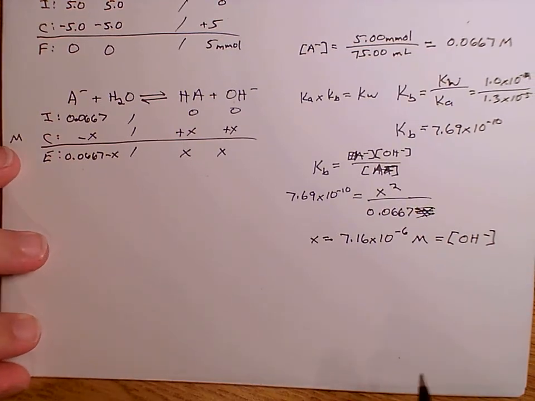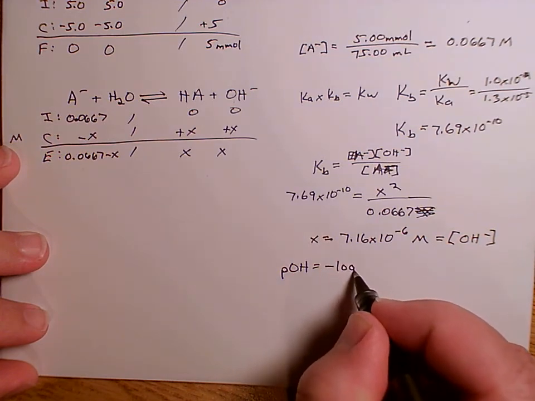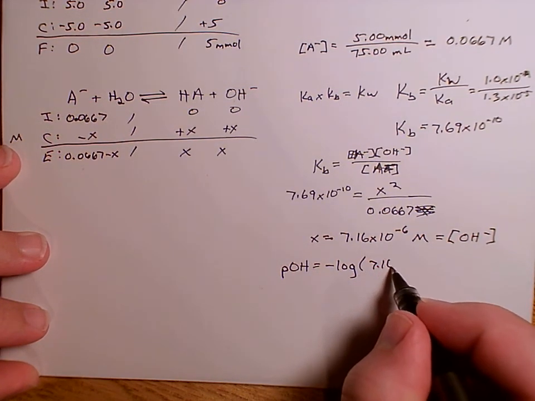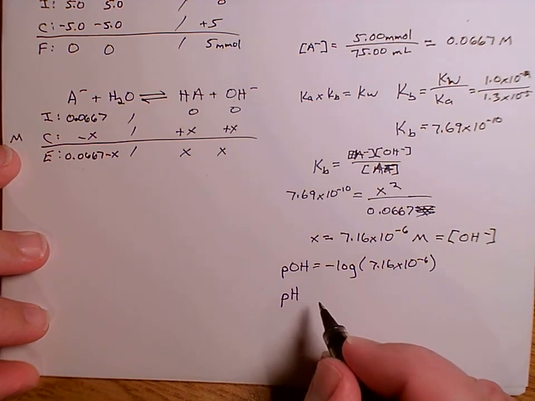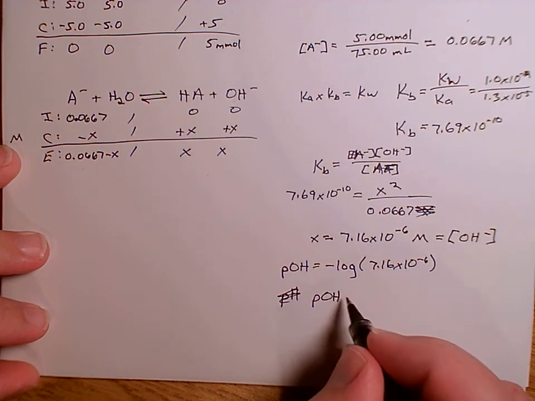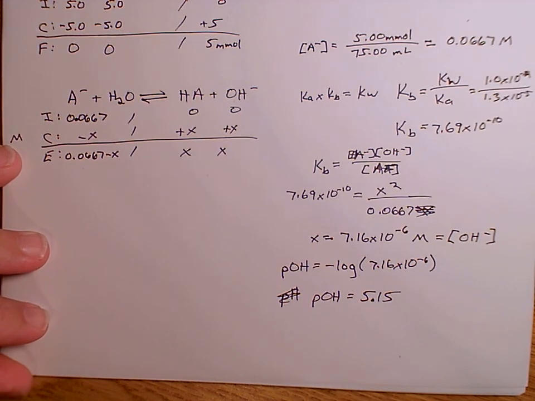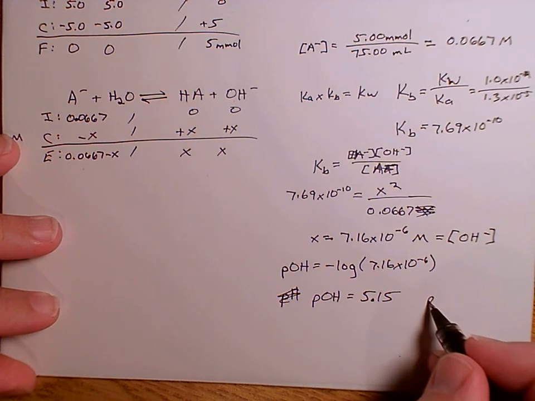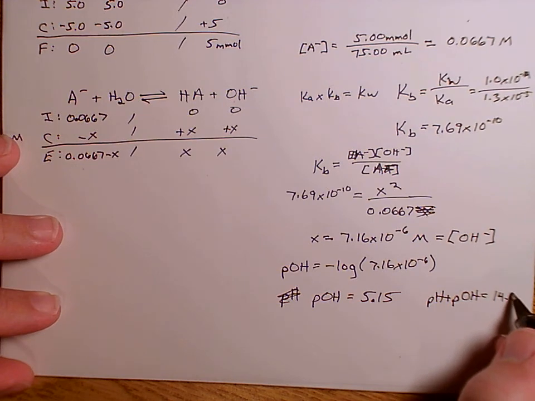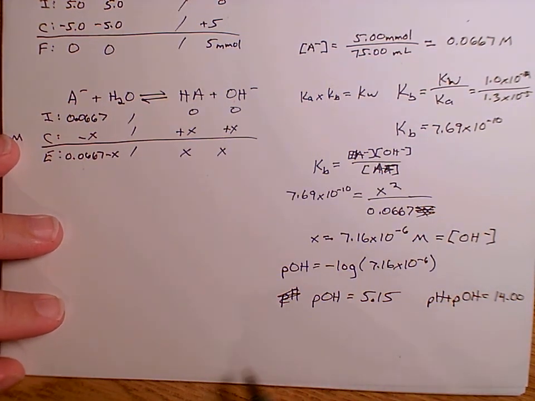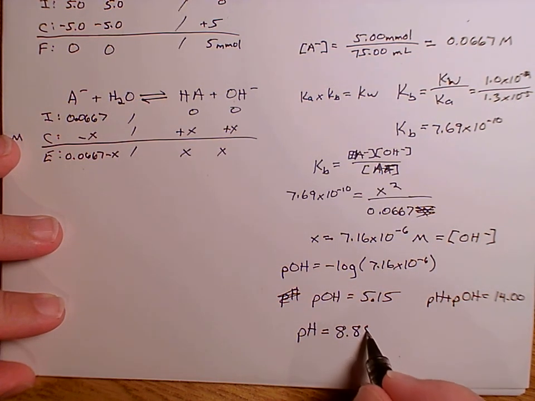Now we're after the pH, but I know if I take the pOH, which is the negative log of the concentration of OH minus, negative log of 7.16 times 10 to the minus 6, I find the pOH equals 5.15, and I know pH plus pOH equals 14.00, pKw, and therefore I can calculate my pH to be 8.85.